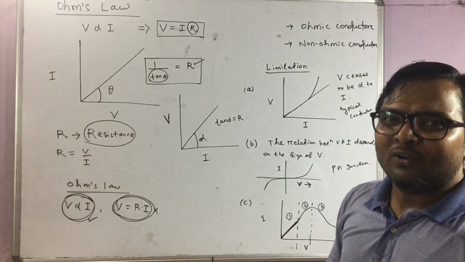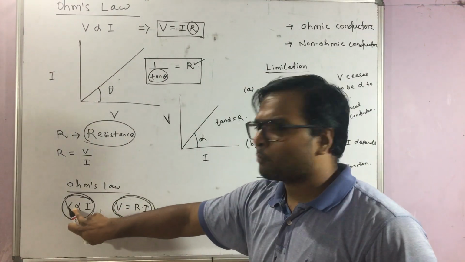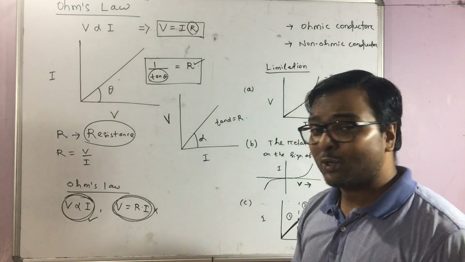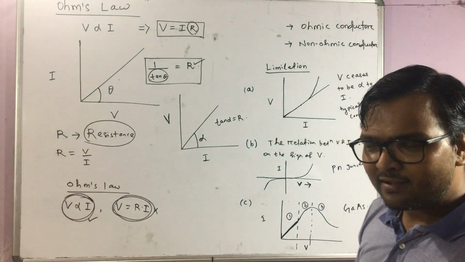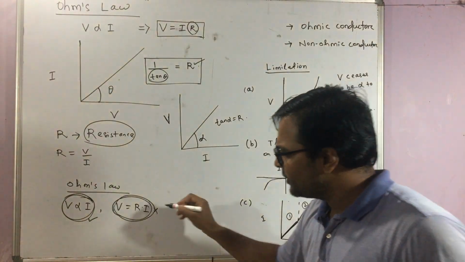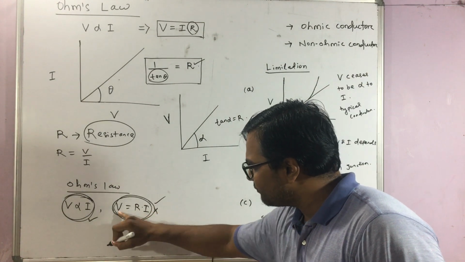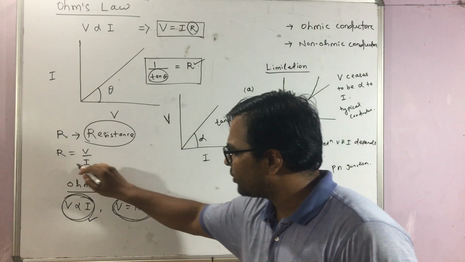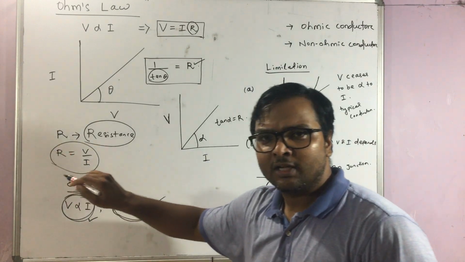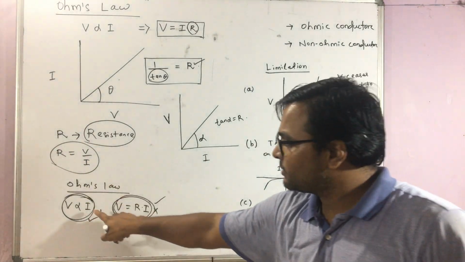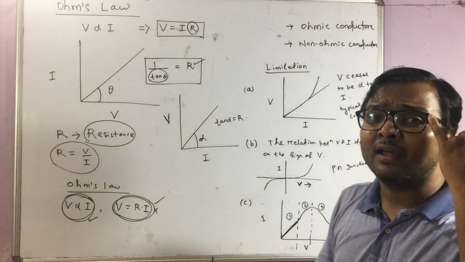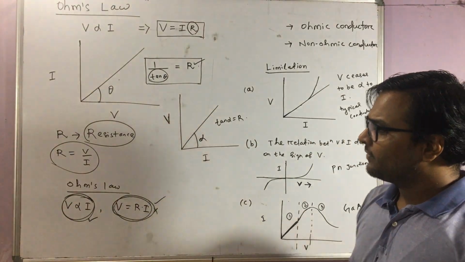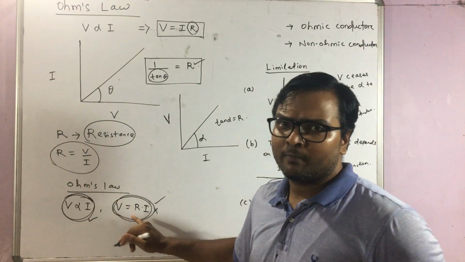That's why V proportional to I is called Ohm's law, and V is equal to IR is not. There are some conductors for which we can apply the equation V is equal to IR to calculate the resistance, but they won't obey the proportional linear relation between V and I. Clear? That's why this is Ohm's law, and this is not.